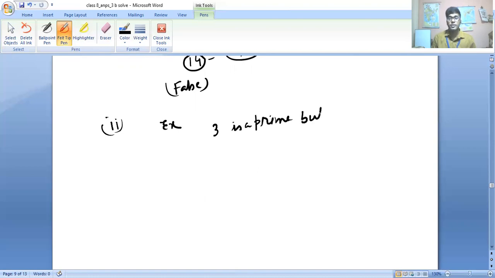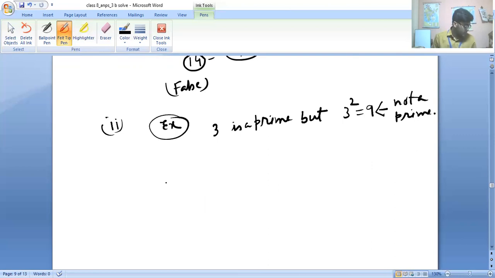But make 3 square, so it becomes 9. 9 is not a prime. Therefore, here what it says is the square of a prime number is prime. See, we have done the square of a prime number and we have got not a prime. Therefore, it will be false.